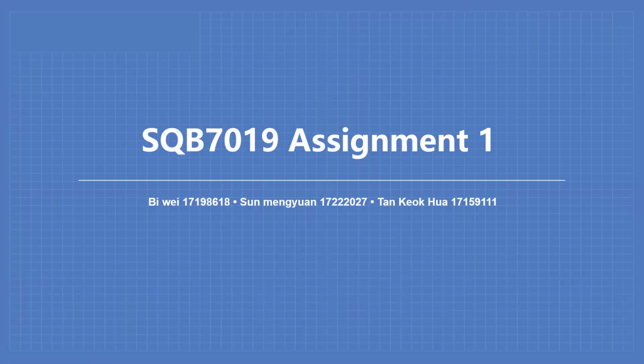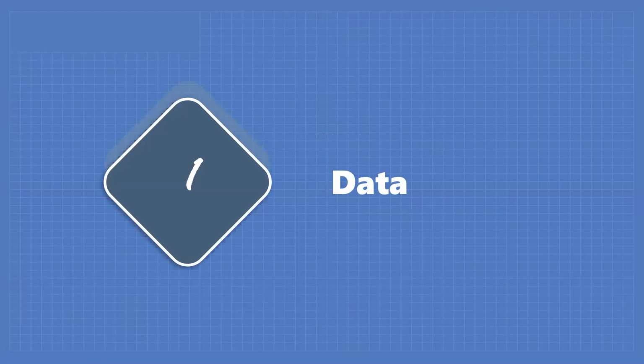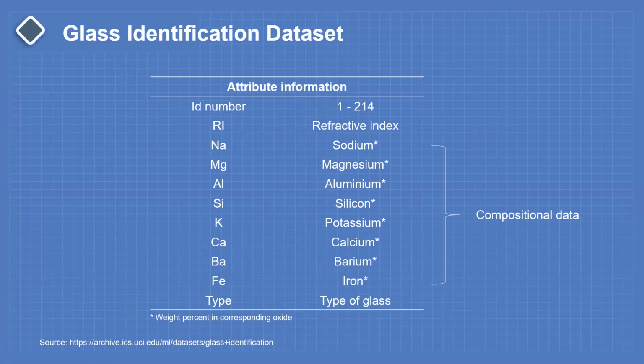Good evening, everyone. Let me first introduce the data we are using. The dataset is the glass identification dataset. It consists of 11 attributes with 214 observations. There are no missing values and no duplications in our dataset. The first attribute is the ID number from 1 to 214.